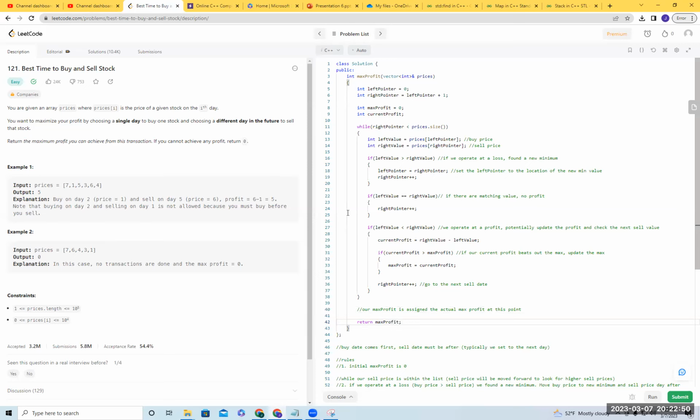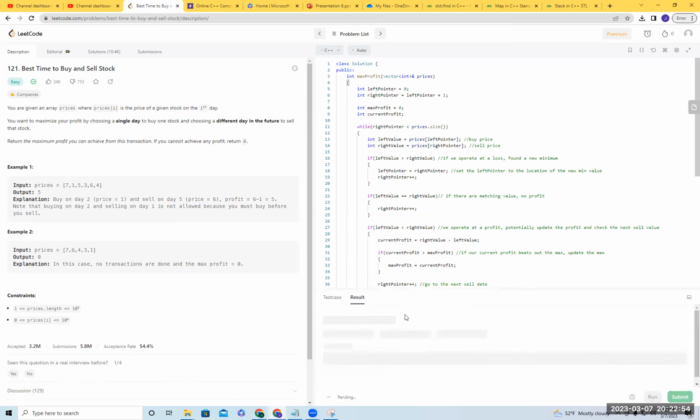There is some refactoring that we could choose to do. Actually, let me just run it to make sure I didn't put any syntax errors in here. Okay, perfect. Notice that for all three conditions, we always move our right pointer to the right.